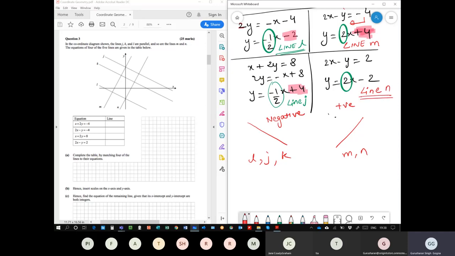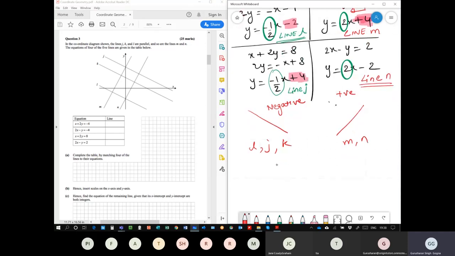Okay. So how did I do this analysis? I analyzed all this based on slope and y-intercept. Okay. This is how you need to check. But before you check, you have to make sure that these equations are written in the form of y equal to mx plus c. Then only you can find out what is slope, what is y-intercept.